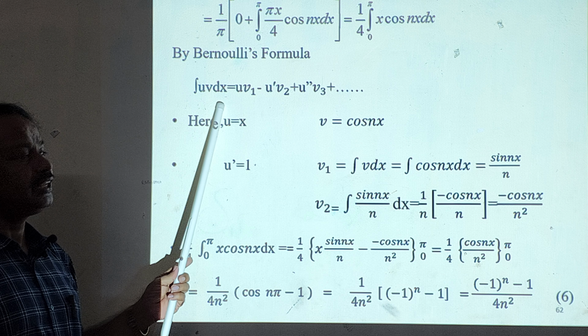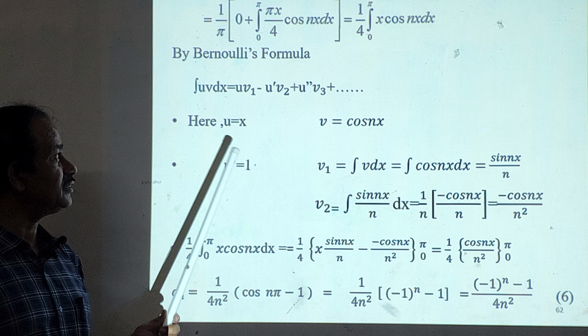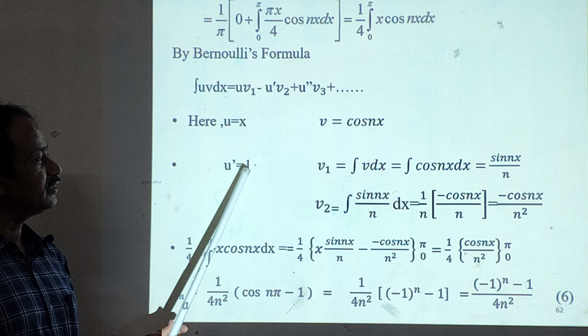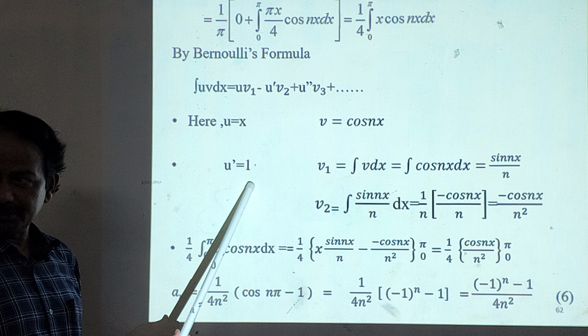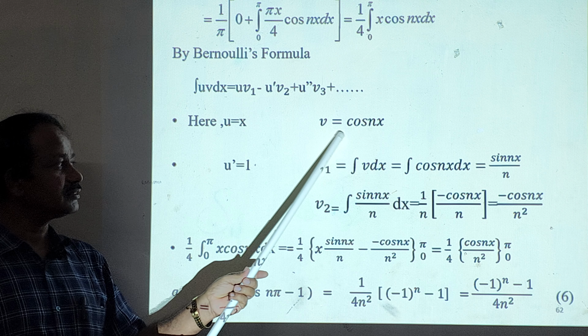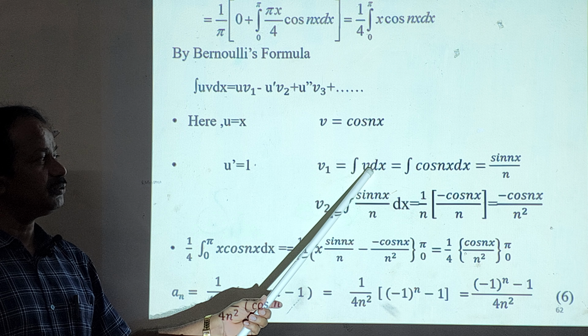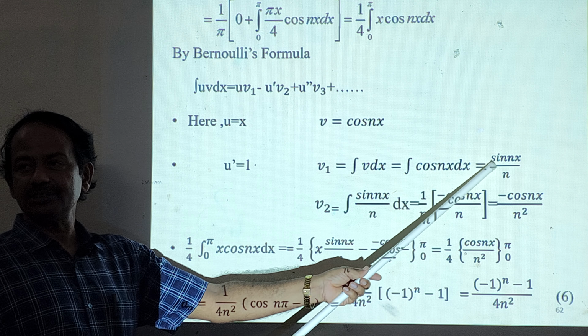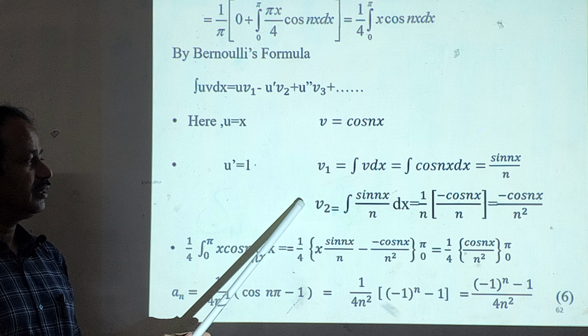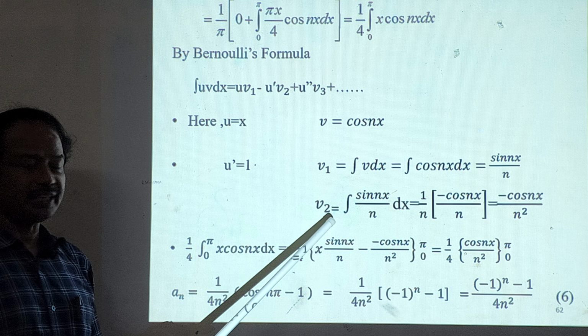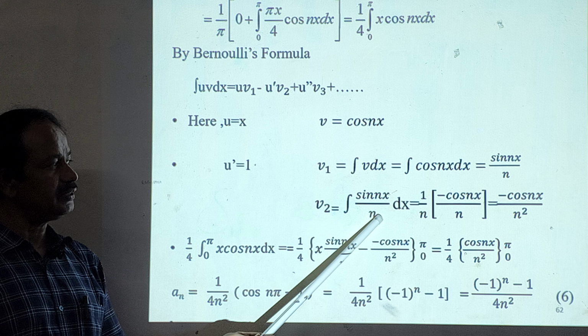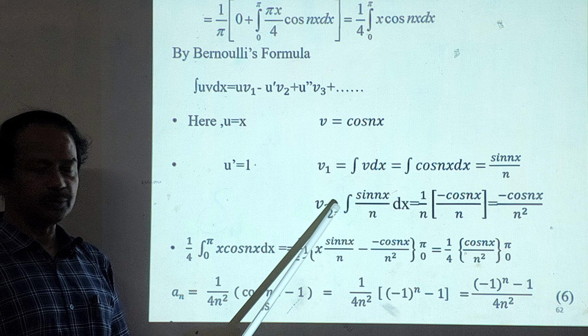So the integral of u v dx, Bernoulli's formula is given by this, and of course u equal to x. You will differentiate with respect to x, that will give you 1, and v equals cos nx, and v1 equal to integrating v, that is the integral of cos nx dx, which is equal to sin nx by n. And v2 is integrating v1 dx, so that is the integral of sin nx by n dx, which is equal to 1 by n pulled out.